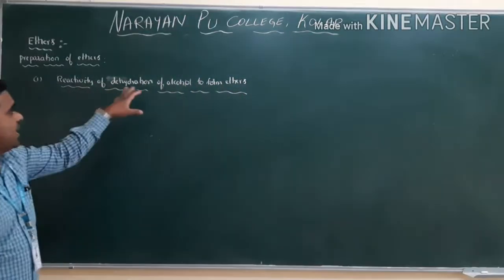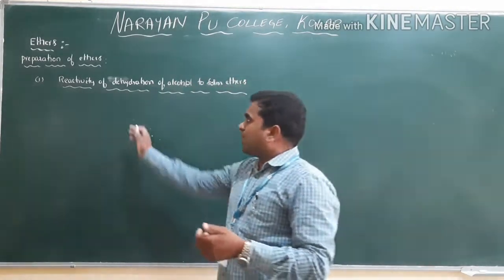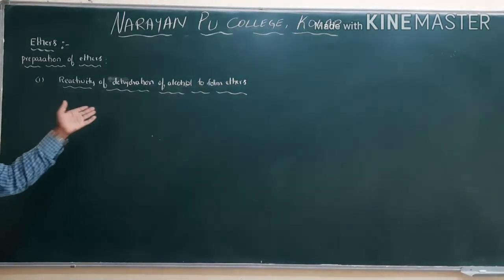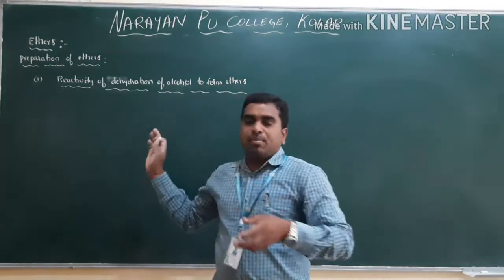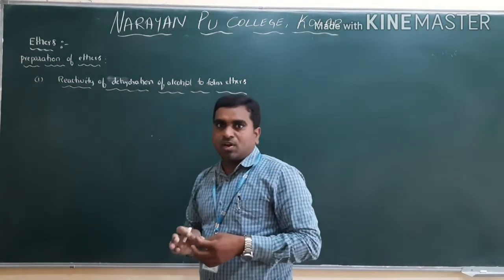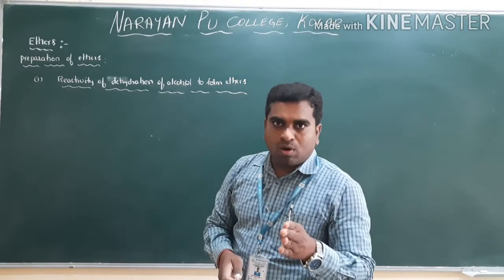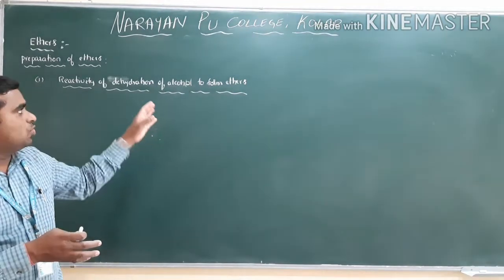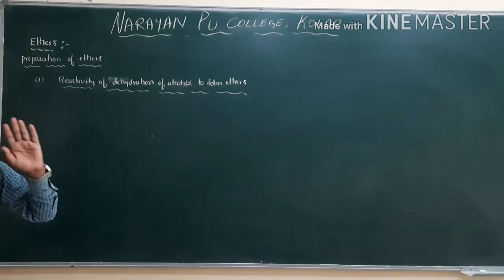Reactivity of dehydration of alcohols to form ethers. Okay. Just now we have discussed the mechanism of dehydration of alcohols to form ethers. But I already mentioned when we started the preparation of ethers by dehydration, primary alcohols are easily involved in the dehydration to form ethers compared to secondary and tertiary alcohols.